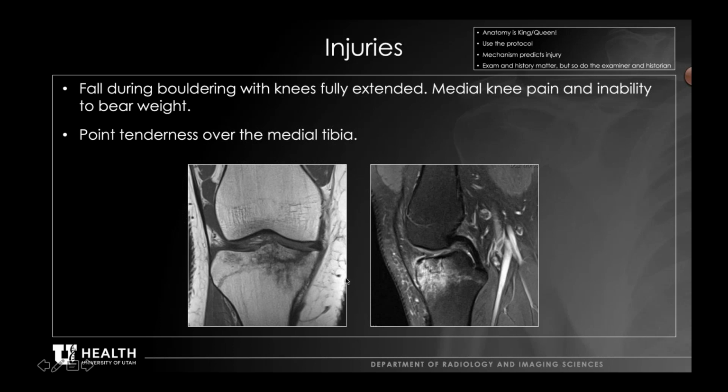And looking on our T1 weighted sequence, remember that most MSK pathology is going to be T1 hypointense or dark. And we can see that area of hypointensity in the normally usually very fatty bone marrow. And this was a case of a tibial plateau fracture. So this is a pretty typical mechanism. Patients usually fall and just have an impaction injury.